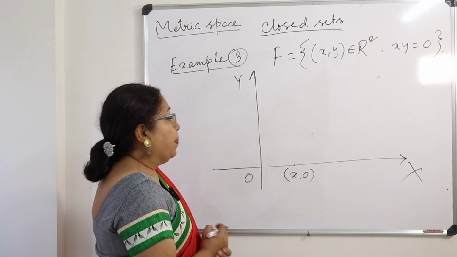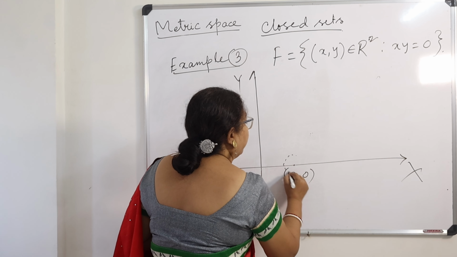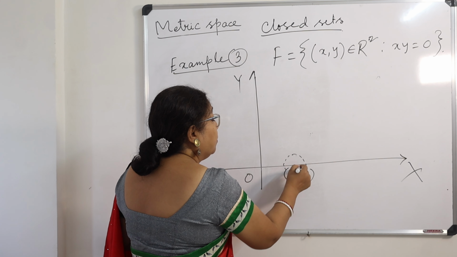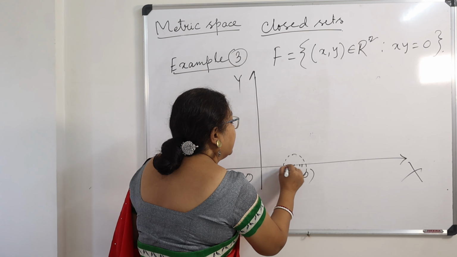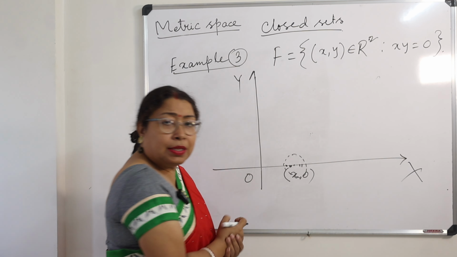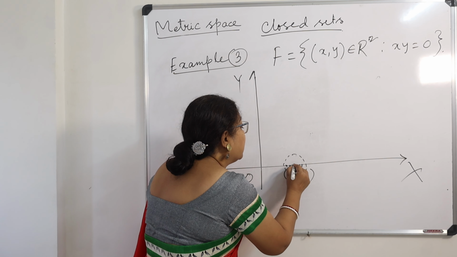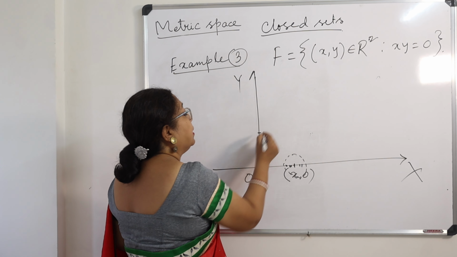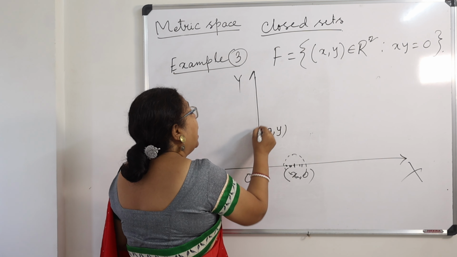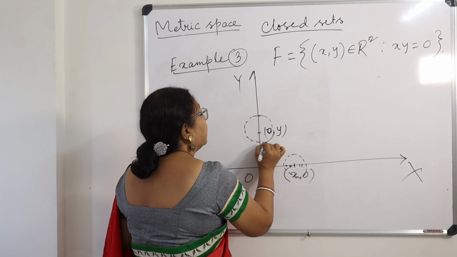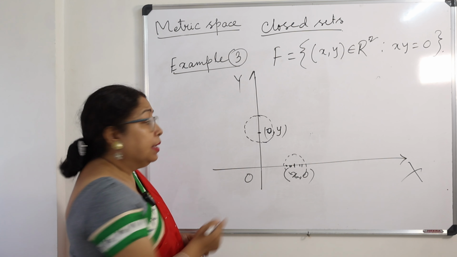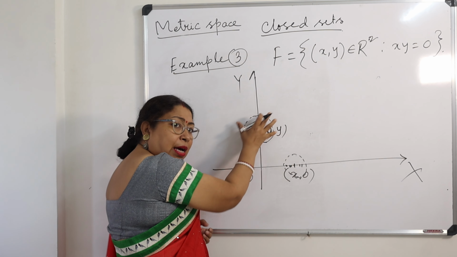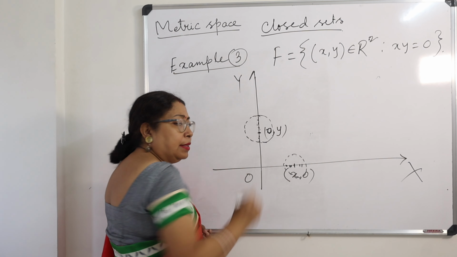If you consider an open circular disk in R² around it, you can see that many points of F belong to this open disk other than the point (x, 0) itself. Similarly for the y-axis, if you consider any point (0, y) and a circular disk centered at (0, y), you can see that these points all belong to the disk other than the center.